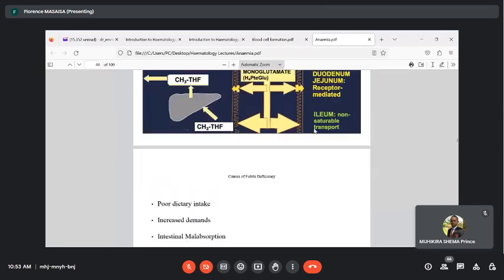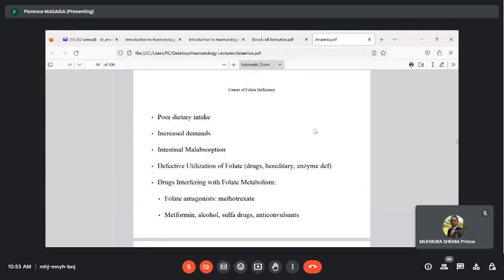The cause of folate deficiency may be due to poor dietary intake. If you're not getting enough from the vegetables, you may have it. Again, when you cook your vegetables more, you decrease the amount of folic acid. So it's better to eat vegetables which are not cooked very much.